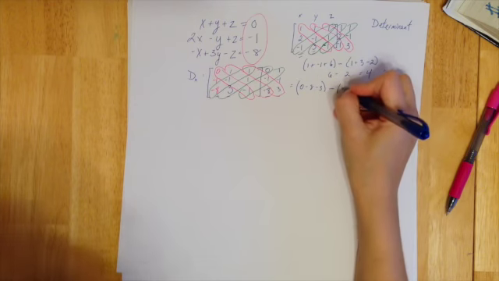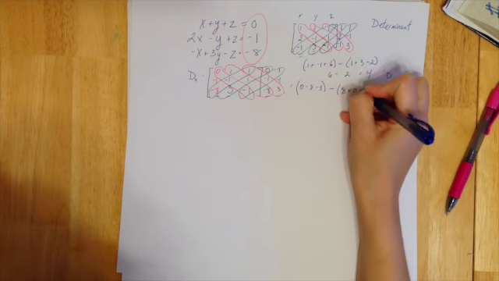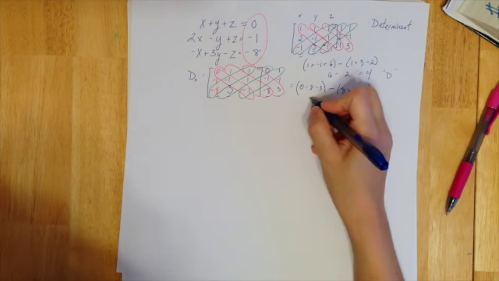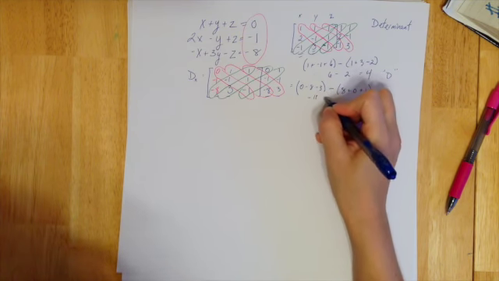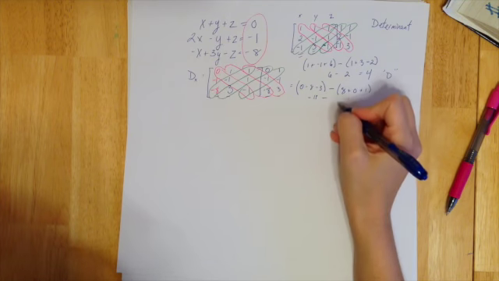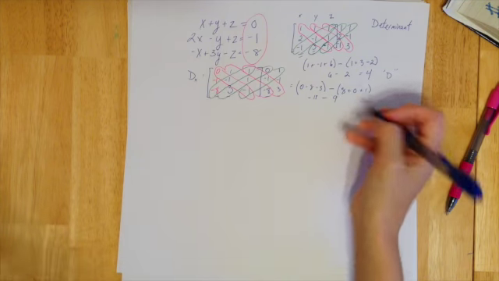Multiplying, we get 8 plus 0 plus 1. So negative 11 minus 9 gives us negative 20.